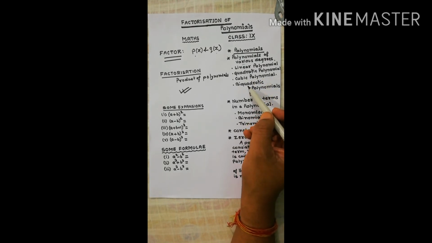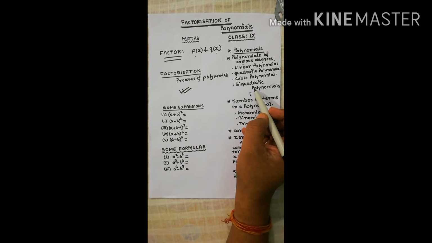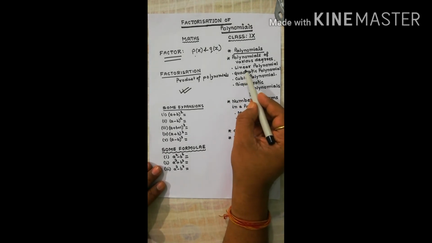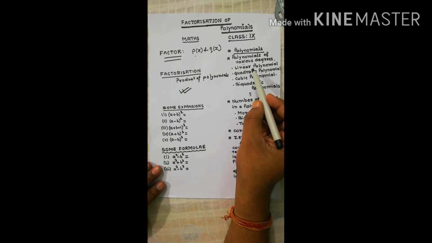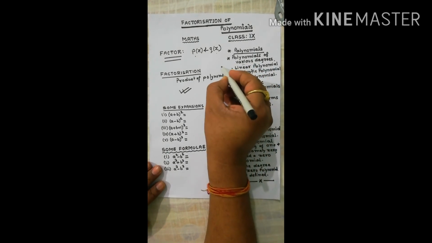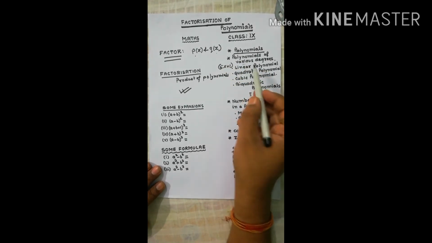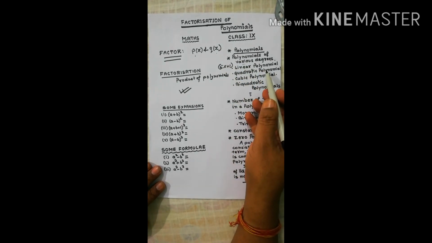What is cubic polynomial? What is biquadratic polynomial? So a polynomial of degree 1 is called a linear polynomial. For example, 5x plus 1. This is a polynomial of degree 1, that is a linear polynomial.